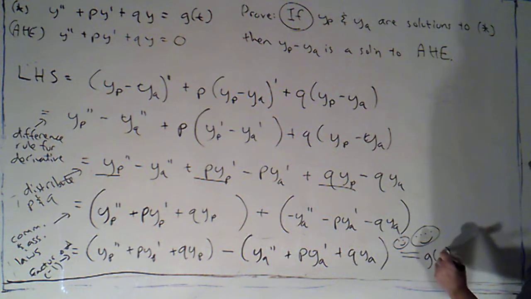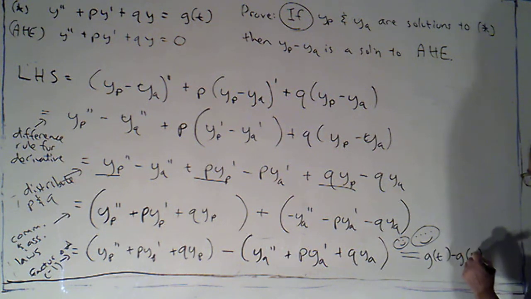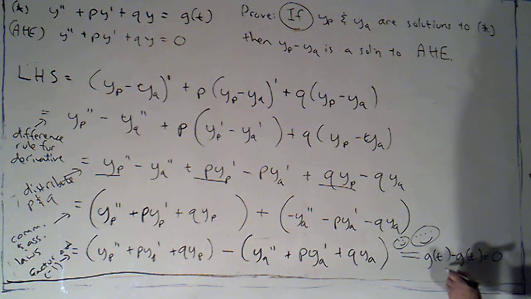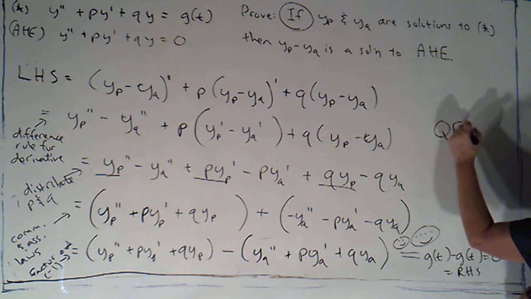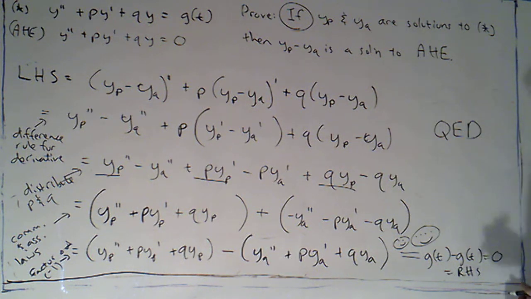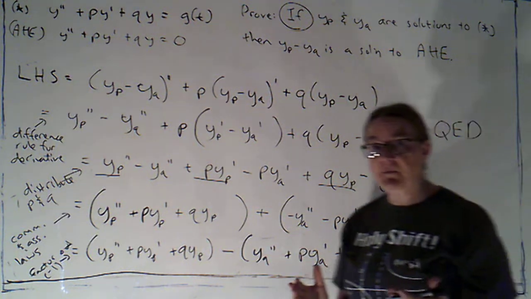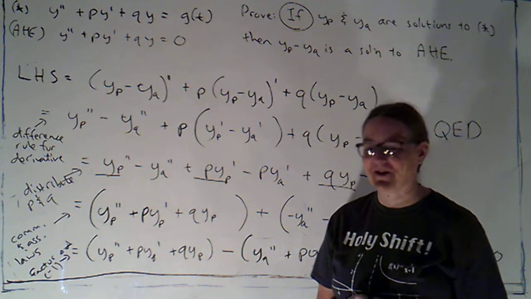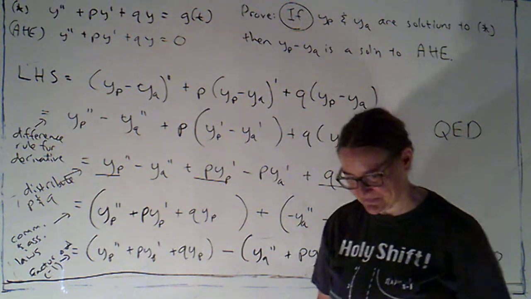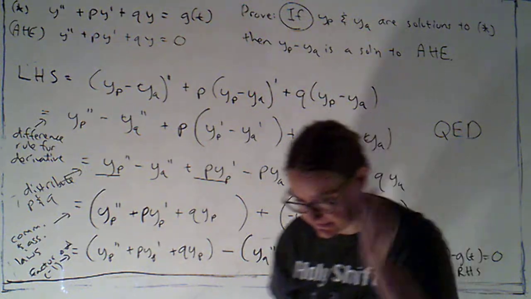So I'm going to get g of t minus g of t, which is 0, which was the right-hand side of my claim. Now, I'm going to just write QED to indicate that I am not stopping because I have completely run out of room on the board. I am stopping because I have actually accomplished what we set out to do, which was to prove part 2 of the linearity principle. Extended linearity principle.